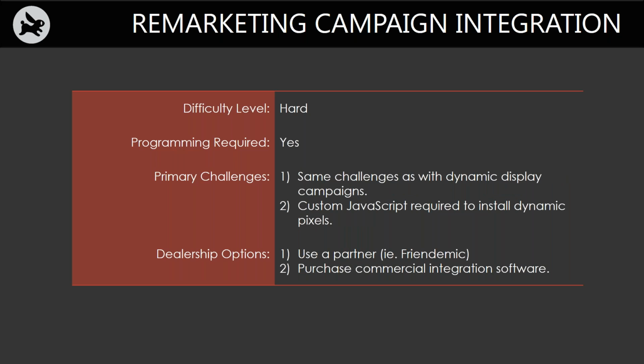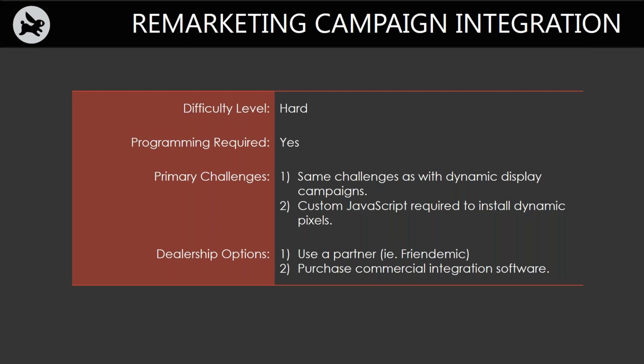And then dynamic remarketing campaigns, there is one additional tricky step with this. You still have the same problems of integrating your data feeds with Facebook, but one additional requirement you now have is installing that dynamic pixel, which also requires a programmer, and they're very specifically a JavaScript programmer that's going to be able to create some code within that script that's going to look on each website VDP page, find the VIN, and pass it through to Facebook along with that identifier for the user.